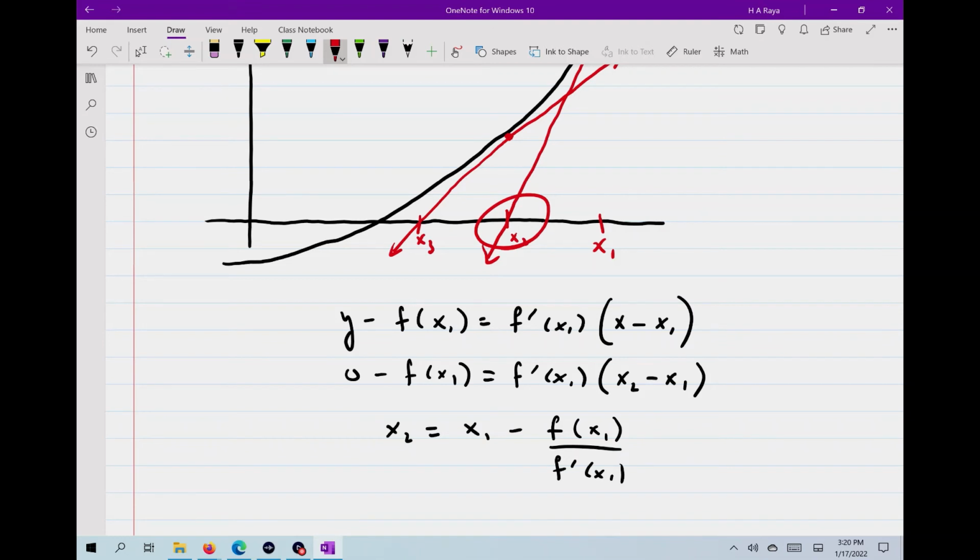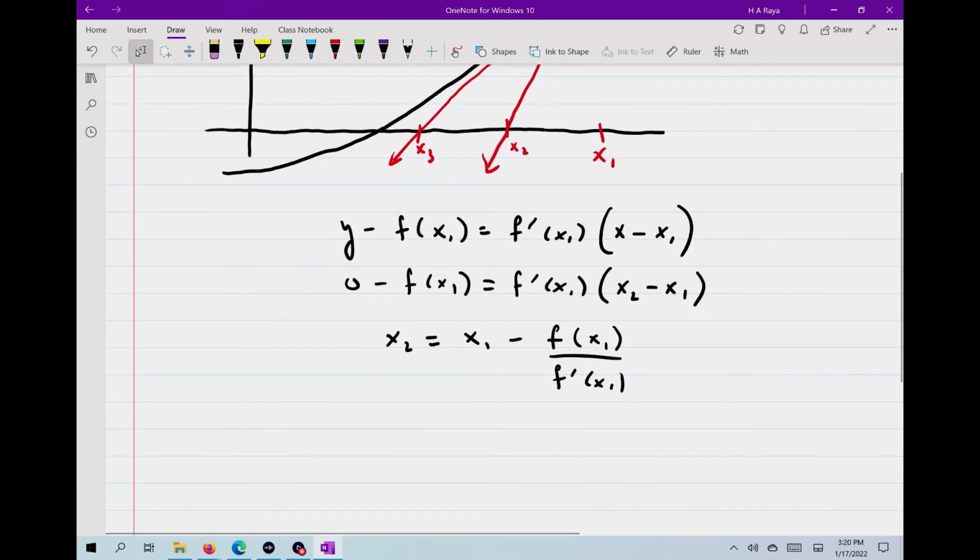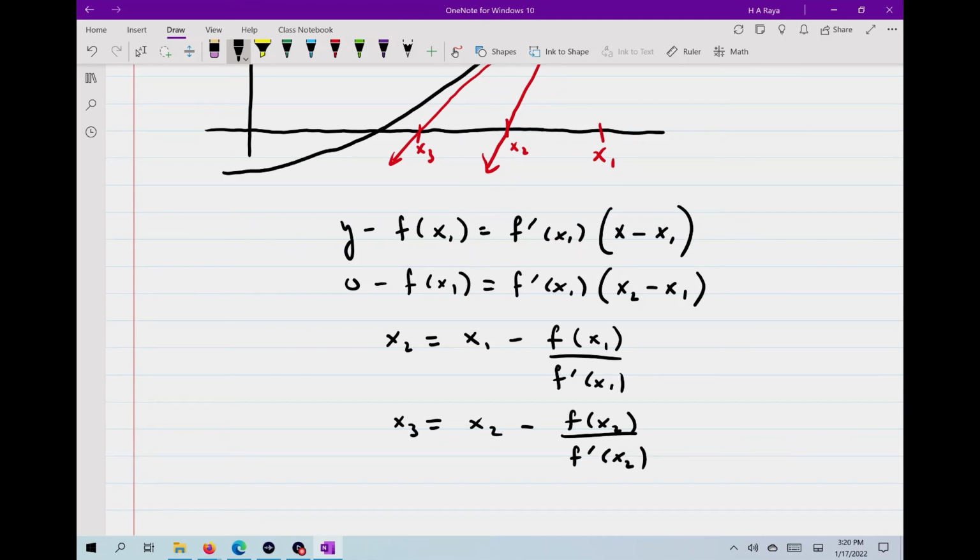I can repeat the process similarly to find x3, and I would have that x3 would be equal to x2 minus f of x2 divided by f prime at x2.